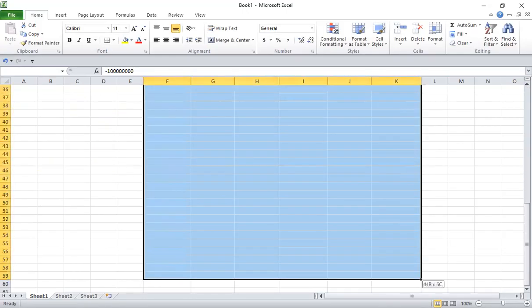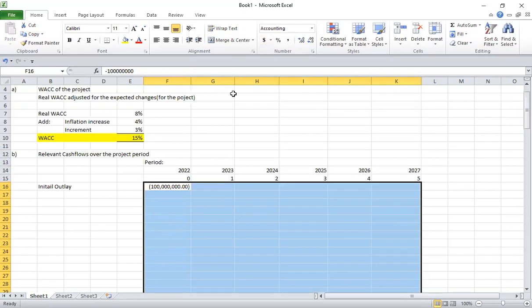The initial outlay is therefore 100 million that way. And please remember that the initial outlay must be a negative cash flow. All right, so the initial outlay must be a negative cash flow.